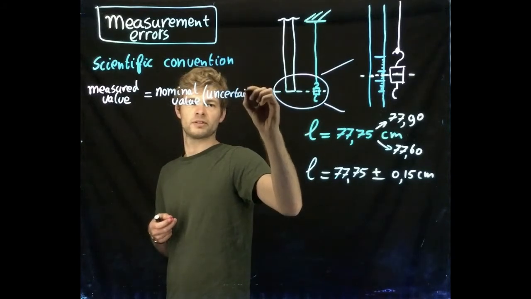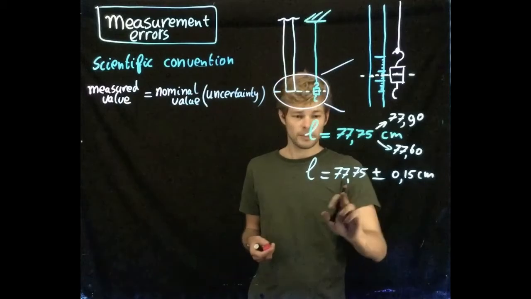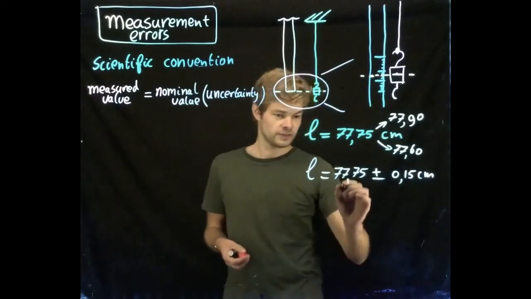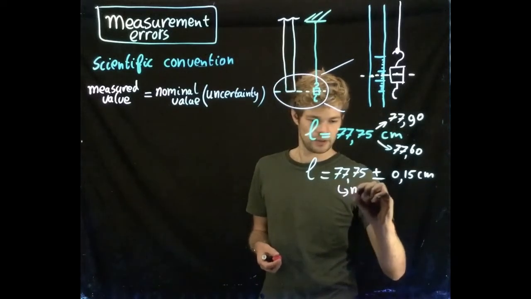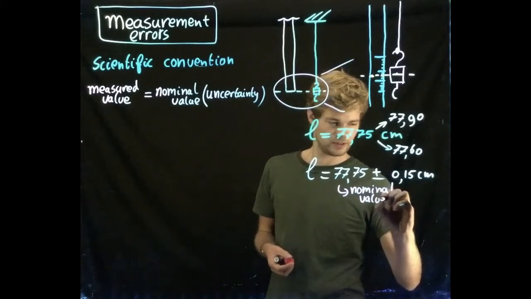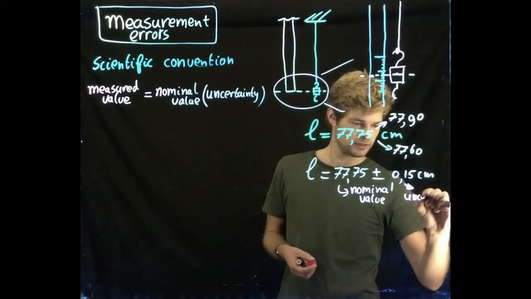My nominal value in this case would be 77.75. My uncertainty would be this. So this is my nominal value and measurement error or uncertainty.